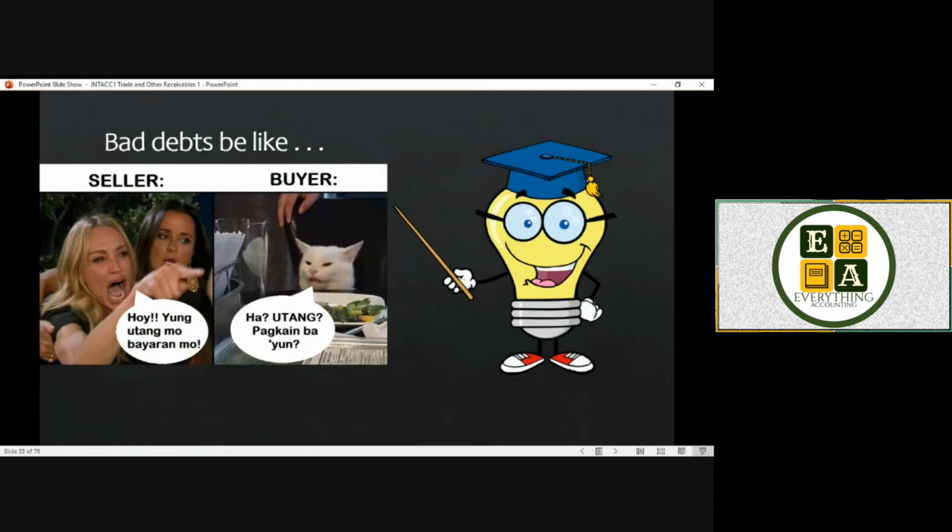So magde-decide na si seller na baka bad debt na to. Hindi pa naman ako sure kung nagjo-joke lang siya sa kanyang sinabi. So pwedeng doubtful pa lang ang ganitong sinabi. Pero kung wala na dito si buyer, hindi mo na mahagilap, then that's the time na magiging worthless na yan.